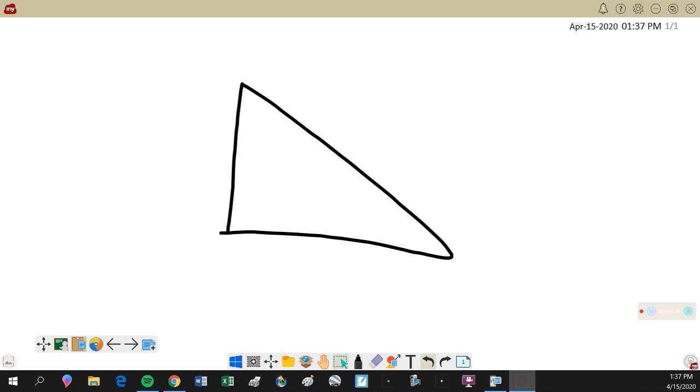So in this class we're going to deal with right triangles. Every single one of these will be a right triangle. And we're going to name the angles, and then we're going to have side lengths accordingly. The most common right triangle that we deal with is a 3-4-5 right triangle.